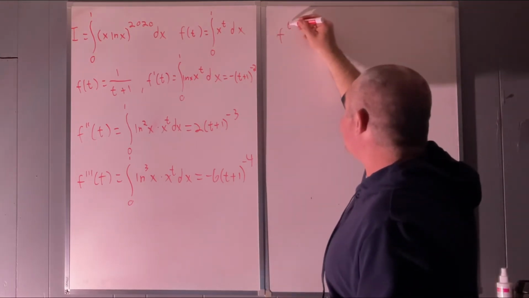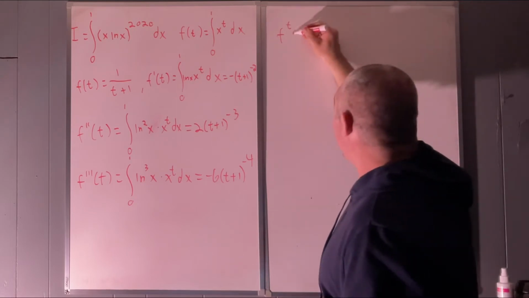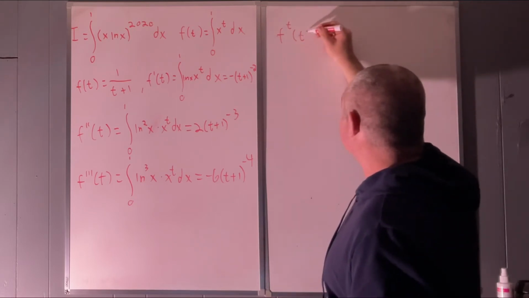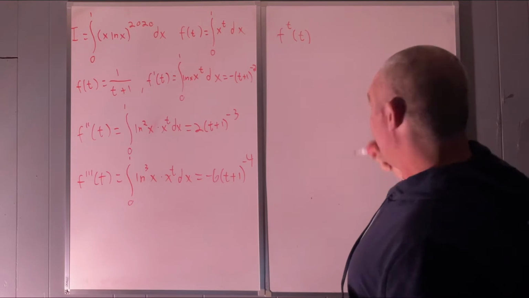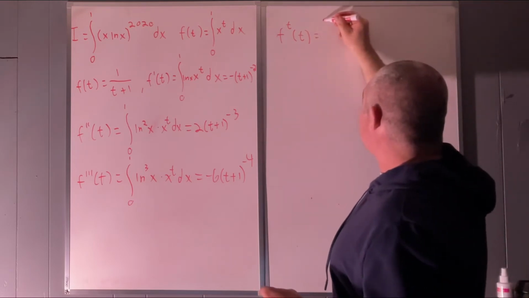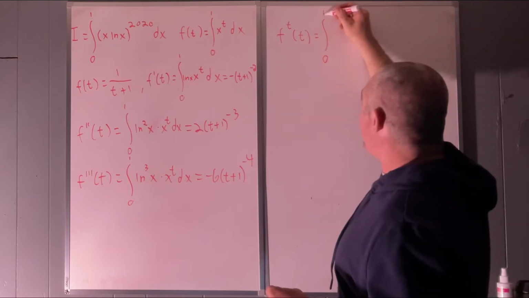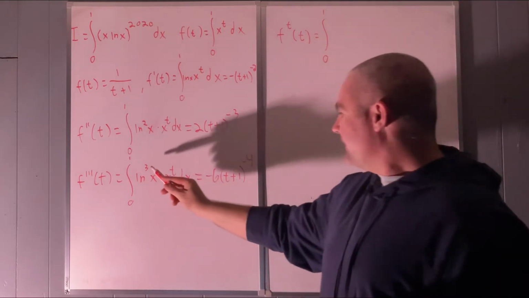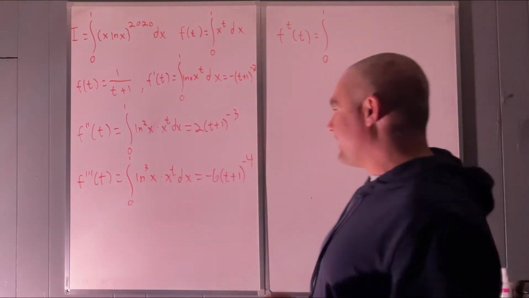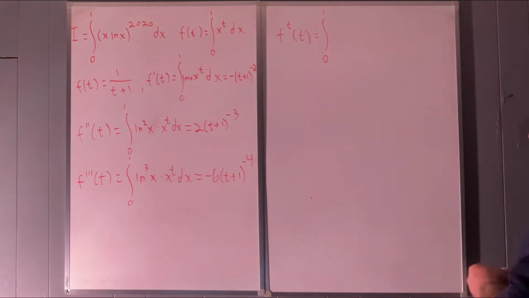So if we take the tth derivative of f of t, that would be equal to the integral from 0 to 1 of, well, this power always matches whatever derivative we're on.